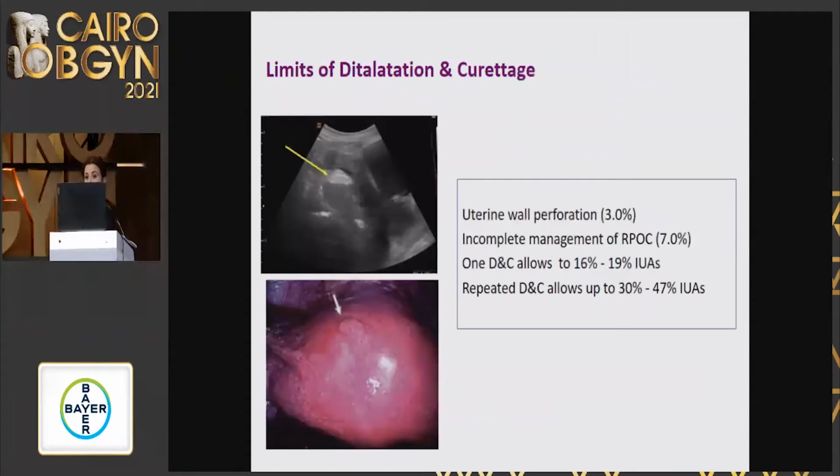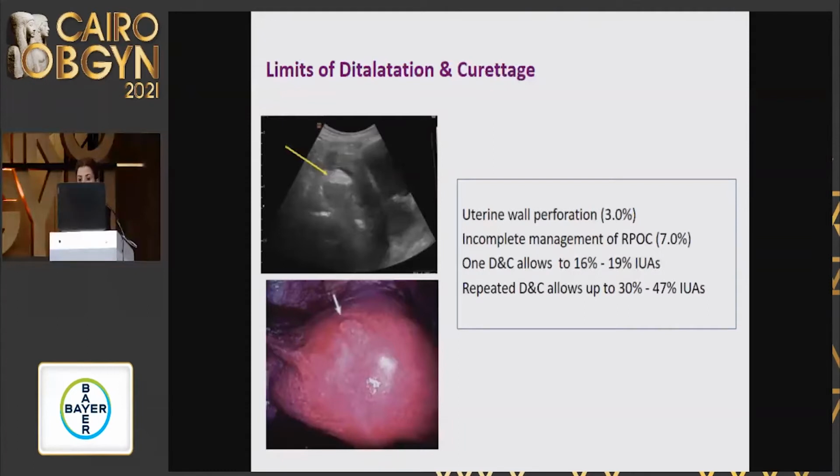For a long time, retained product of conception was treated with blind surgery, and in a lot of centers DNC is still the first choice. But we must remember that the complications of DNC increase in the postpartum period, in which the uterine muscle is less strong.